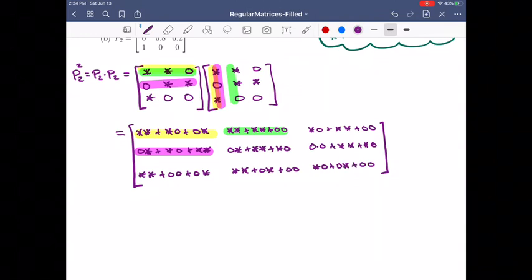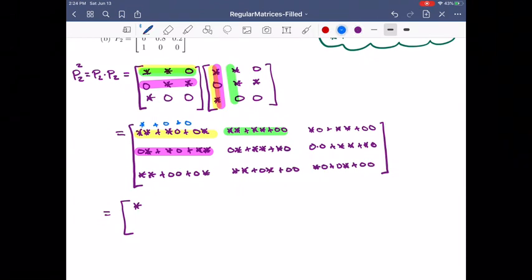Okay, now I want to just go through and look for where I might get a star. Okay, so in the first one, star, star, okay, that's a star. Star and 0, okay, that's a 0, and 0 and star, that's also a 0. But when I have star plus any zeros, I get a star. Okay, so this first entry is a star.